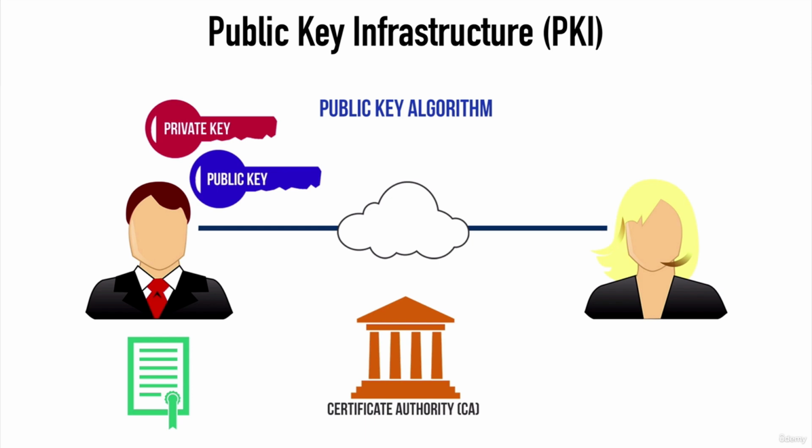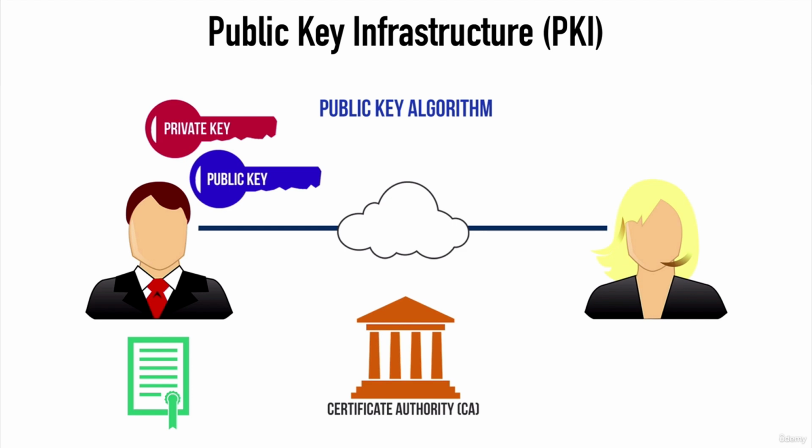Both you and the seller recognize that the notary has the authority to verify the identity. So a CA is somewhat similar to that because they are a trusted third-party authority that helps to prove identity. So here, both Bob and Alice trust the certificate authority.